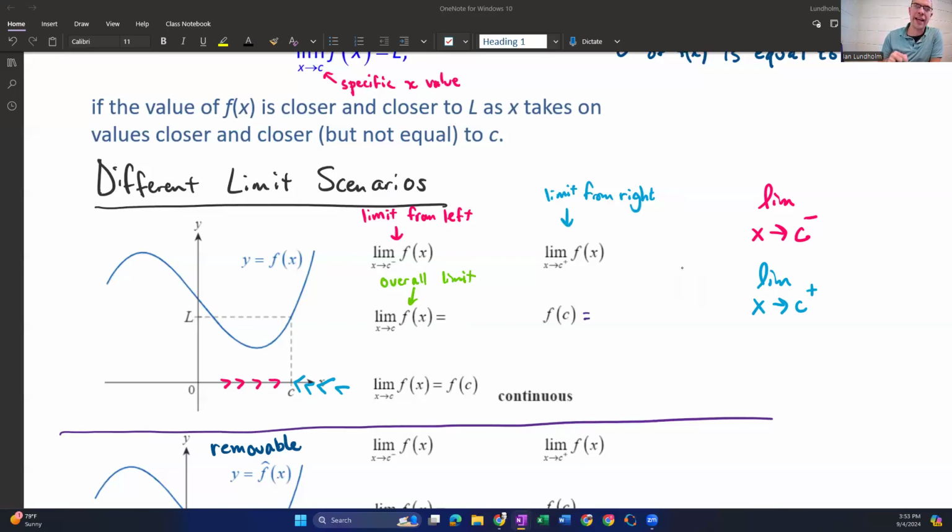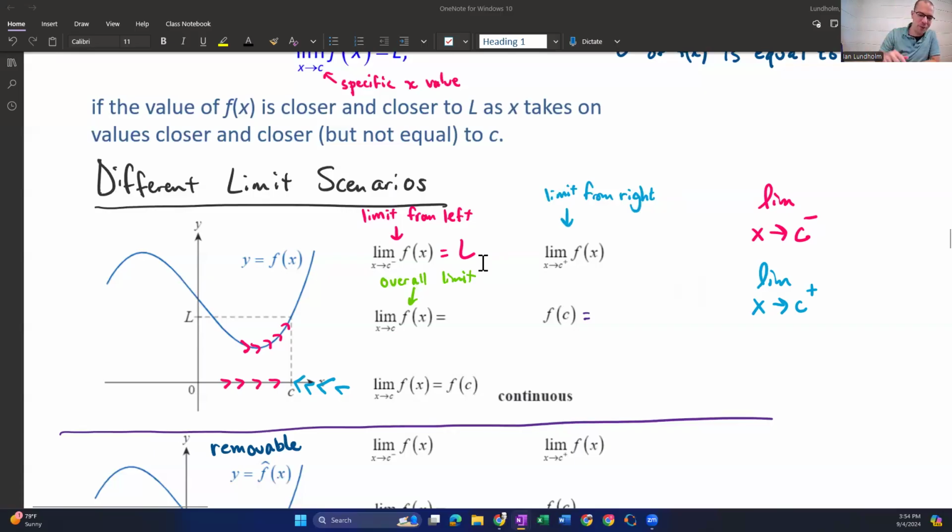So if we start looking at the y values, or these f of x values, the idea is as we travel along this curve, and from the left, in terms of y values, we get closer and closer to which y value? Well, it's this y value L over here. And so we could say that this specific y value L is the limit from the left.